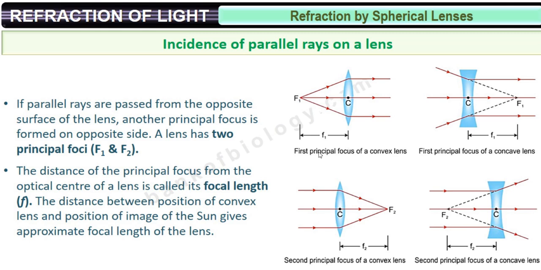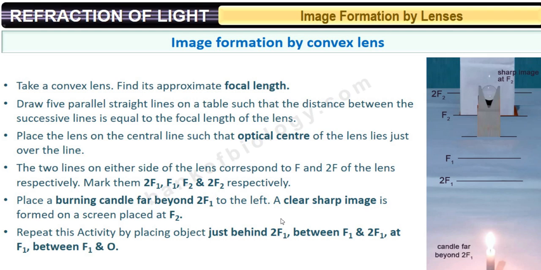First principal focus of concave lens, first principal focus of convex lens. The distance of the principal focus from the optical center of the lens is called its focal length f. The distance between position of convex lens and position of image of the sun gives approximate focal length of the lens. Let's move forward.